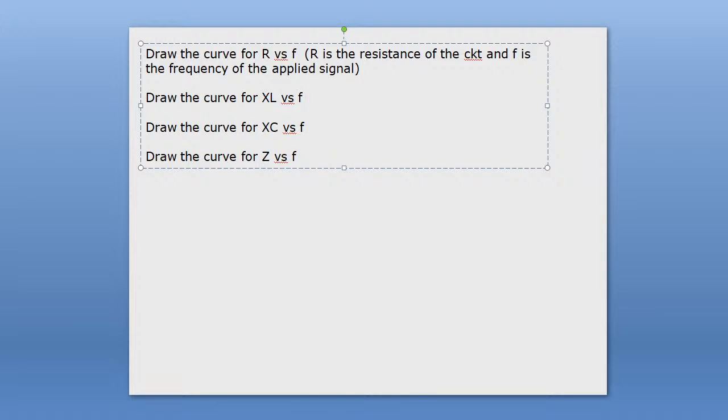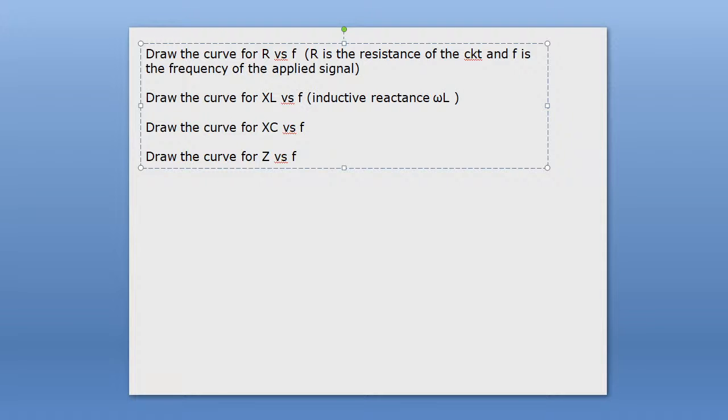XL is the inductive reactance, that means omega L, the product of angular frequency omega and the inductance L.